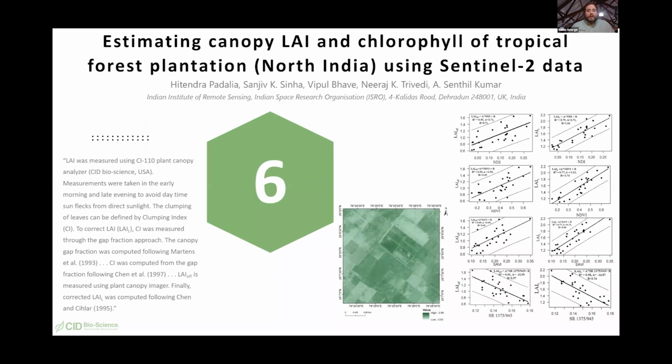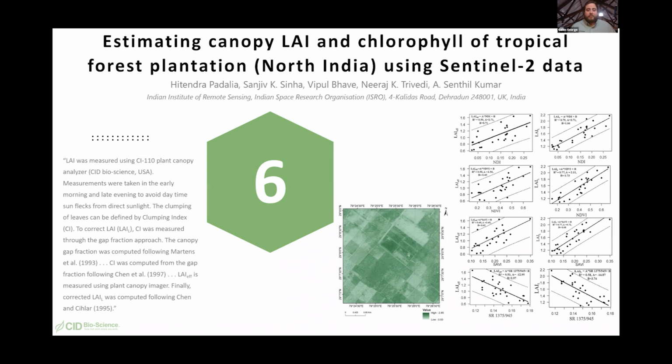The sixth study that we investigated was looking at, as in the study two studies ago, when I mentioned that they were looking at hemispherical photography as the new technology and evaluating it against these traditional destructive methods.